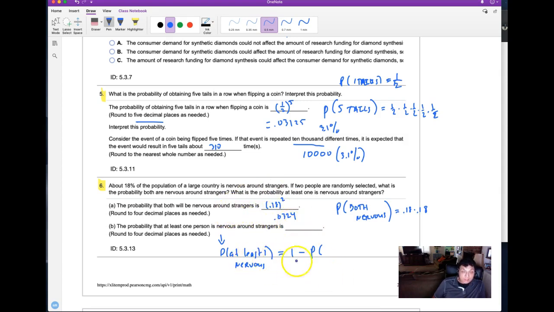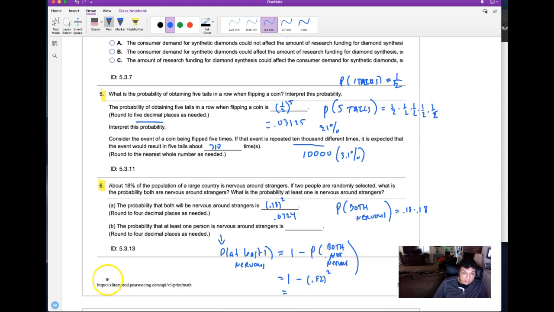The probability of at least 1 nervous is 1 minus the probability that they're both not nervous. That's a not there, that they're not nervous. So in this case, it's 1 minus 0.82 squared. Now the 0.82 comes from the fact that 18% of the people are nervous, so 82% are not nervous.